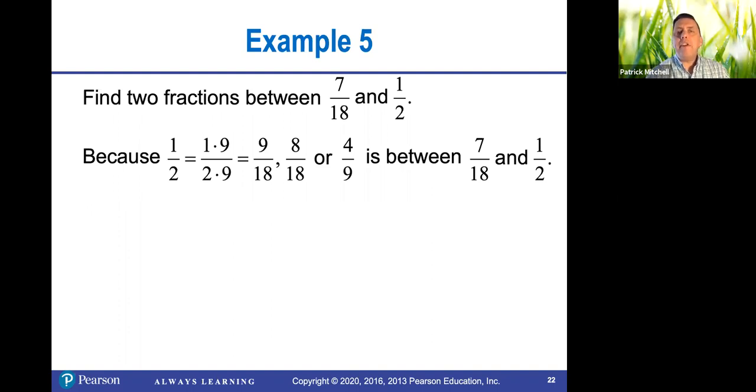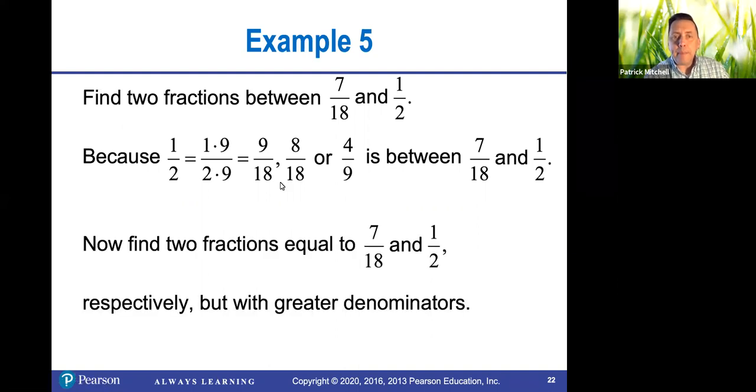So now we have 7 over 18 and 9 over 18. Now they asked for two fractions. It's easy to see one. Clearly 8/18 is between those two, so we'll simplify that to 4/9. So we have one fraction that's between those two.